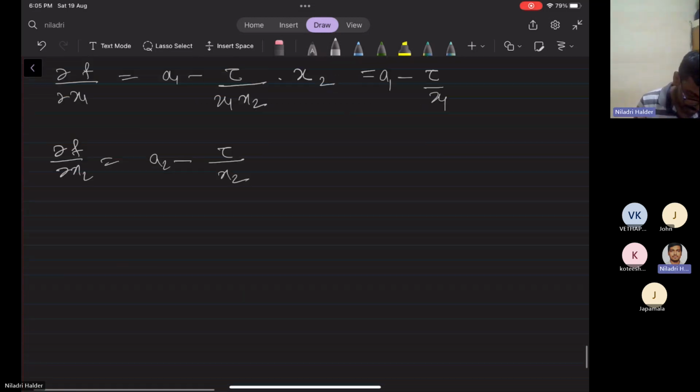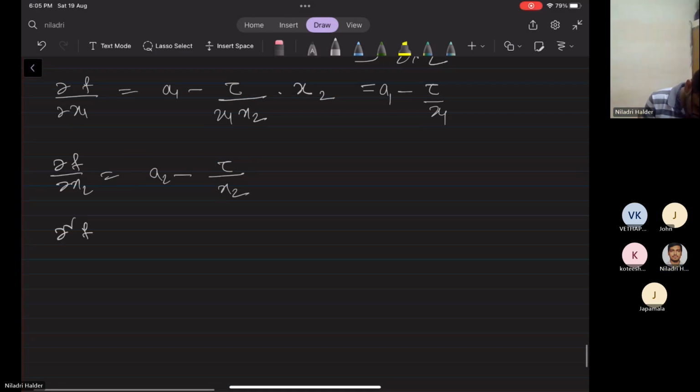Similarly, with respect to x1 only, it will be minus tau by x1 square.